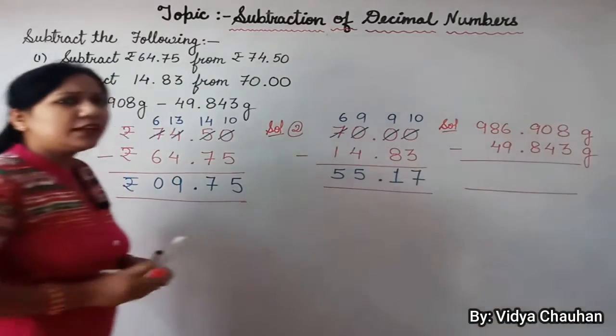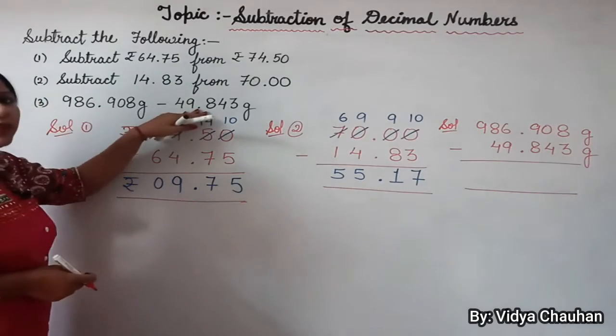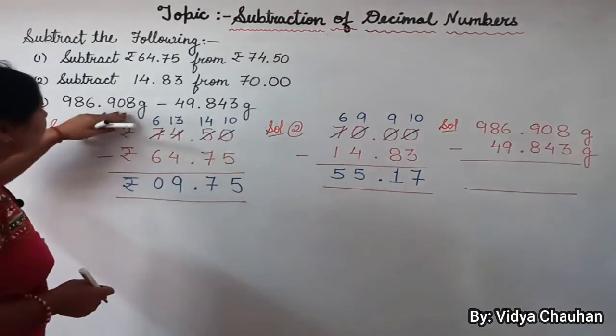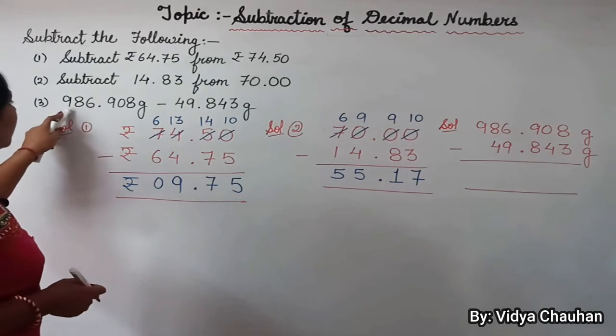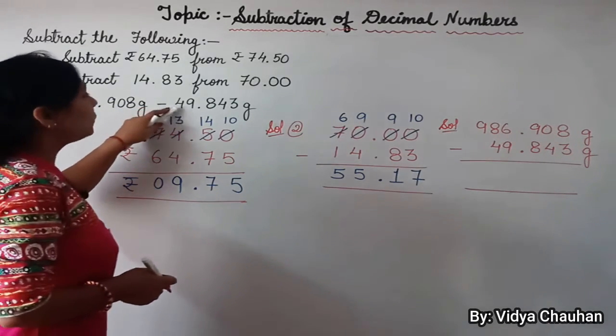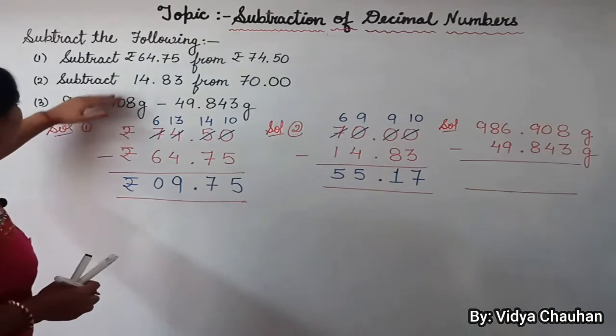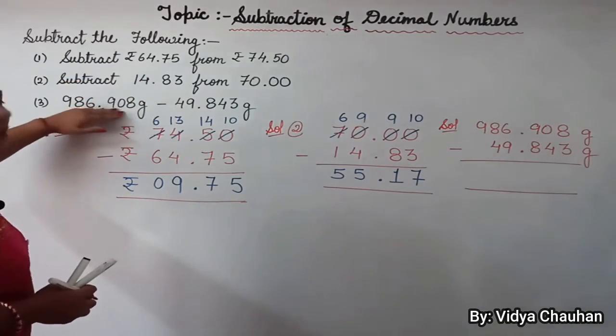Now you must be thinking why ma'am has directly written the first number at the top and the second number here. Because here it is clearly given that you have to subtract 986.908 gram minus 49.843 gram. So what is the basic difference between the above two sums and the third one?